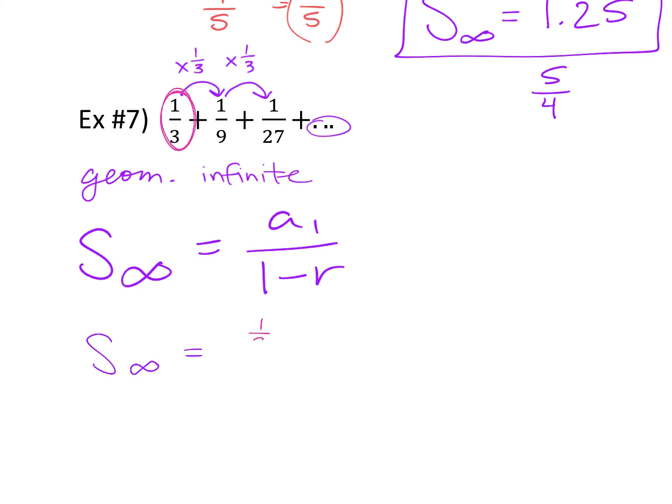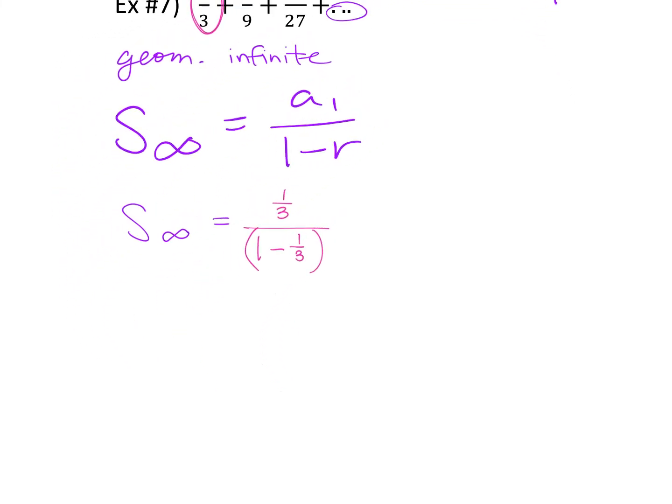So make sure you write it as 1/3 divided by 1 minus, what's your r? 1/3. This 1/3, right? This one's the r, this one's the a sub 1. So 1 minus 1/3, don't forget your parentheses. Plug that in.